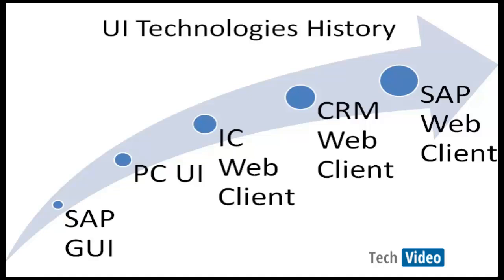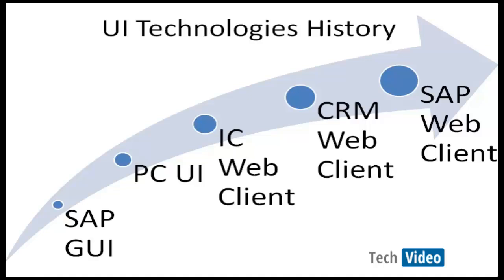After that you know the history: now it is called CRM web client, and they have also transformed it to SAP web client. So this is the history of user interface technology, which underwent a major transformation and a lot of innovation in this particular framework.